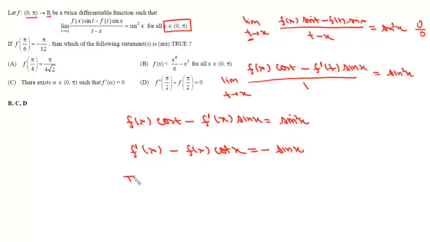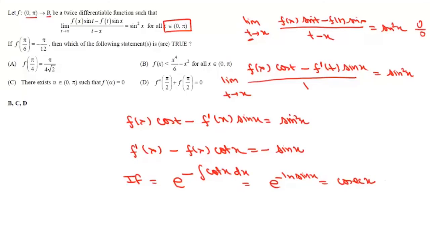Now we will find its integrating factor. Its integrating factor will be e to the power minus integral of cot x dx, which is e to the power minus log sin x, which is nothing but cosec x.